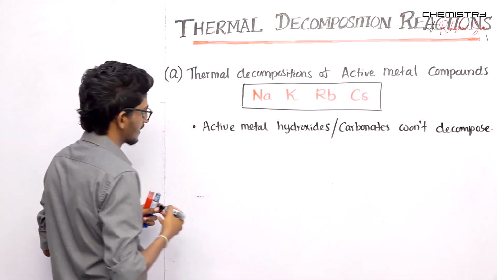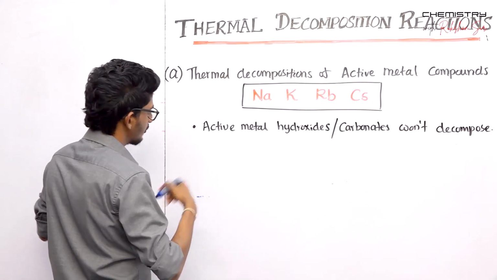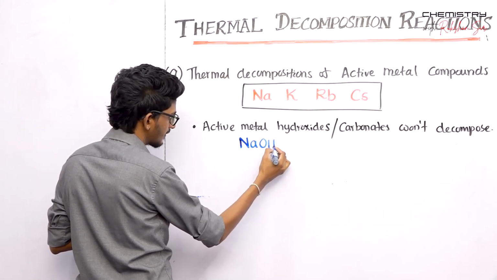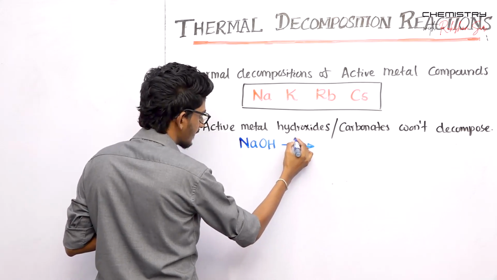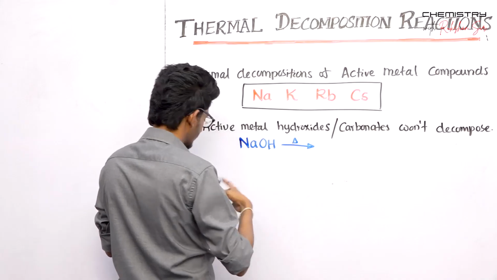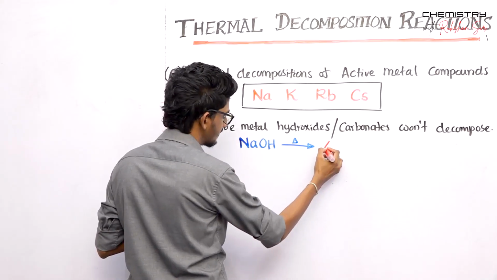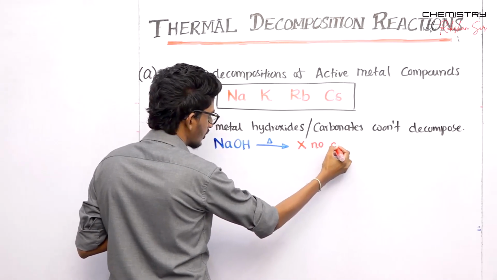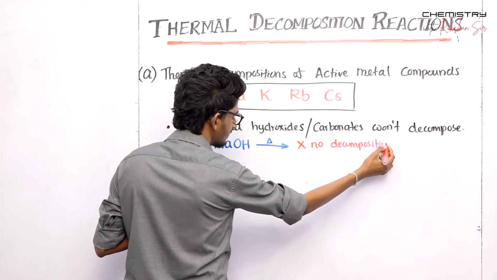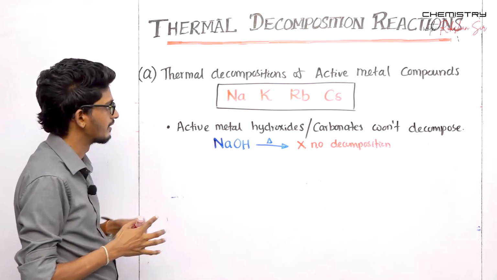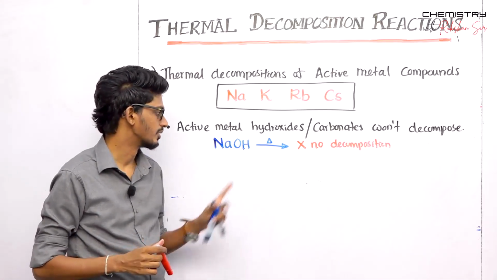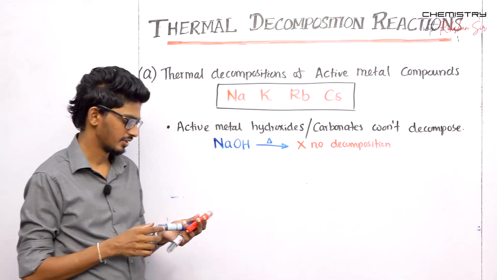That means if you try to decompose sodium hydroxide by applying heat, nothing will occur. No decomposition. Even for potassium, rubidium, and cesium, the same thing. No decomposition can be observed with the active metal hydroxides.